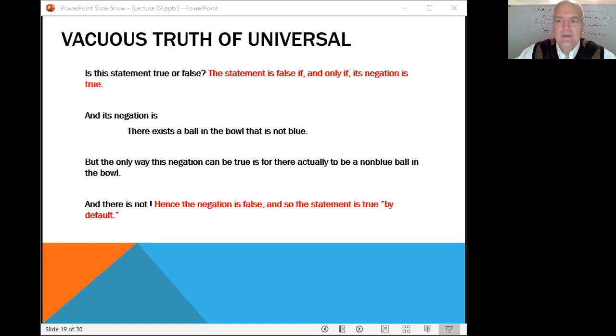But the only way this negation can be true is if there is actually a non-blue ball in the bowl. And of course there isn't, because there's nothing in the bowl. So the negation is false. And so we say the statement itself, the universal statement, is true by default.